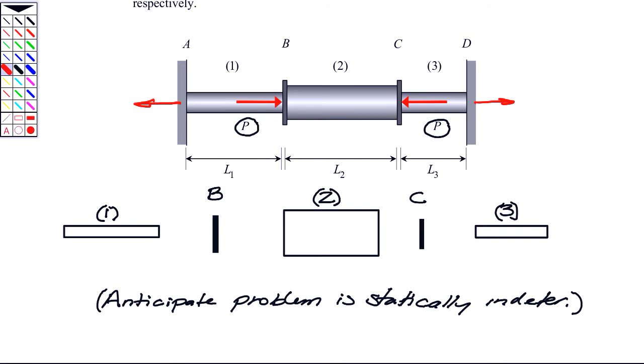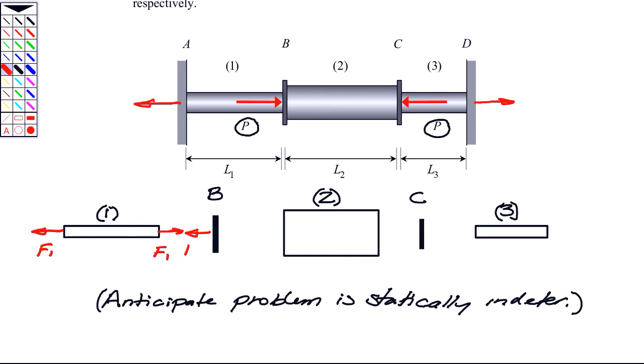What I'm going to do as my first step is one we always do, and that's draw FBDs. I'm going to be looking at FBDs of the individual segments of the rod. For segment 1, I'm going to draw the forces as if the loads were in tension. I don't know that for a fact, but that's just an assumption that I make, and I let the math in the end tell me if I'm right or wrong.